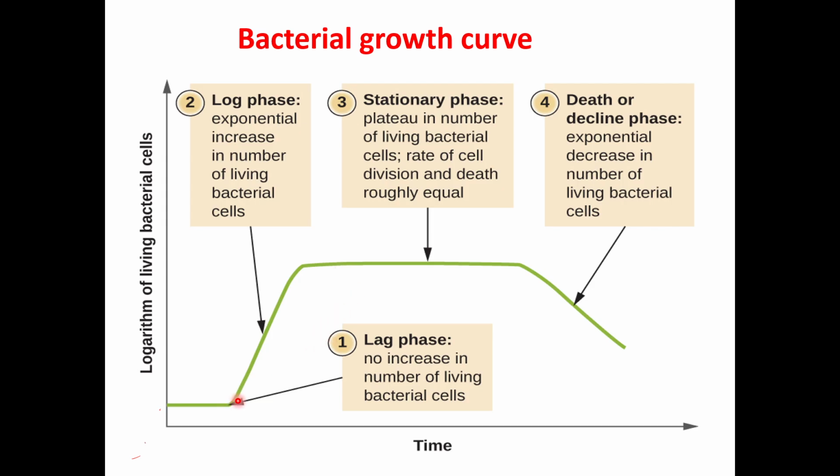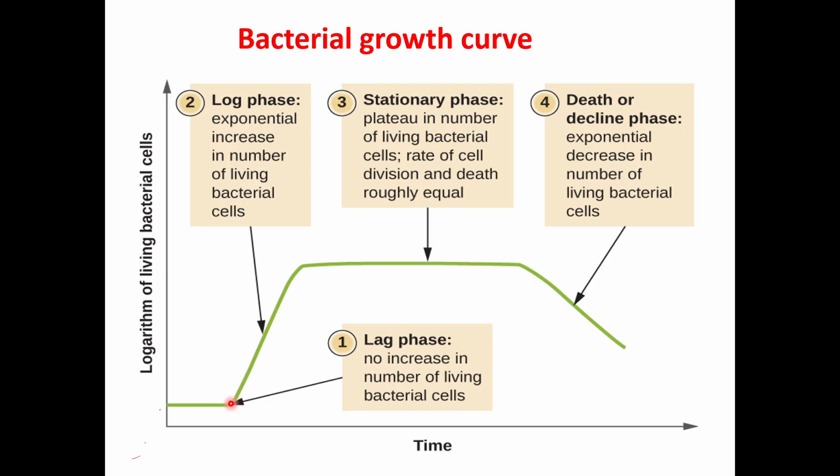In this phase, before growing bacteria, we have to culture them in a culture medium. After culturing in a medium, the bacteria will take nutrients from that culture medium and start their development. But in this phase, there will be no increase in the number of cells. There will be only an increase in size.